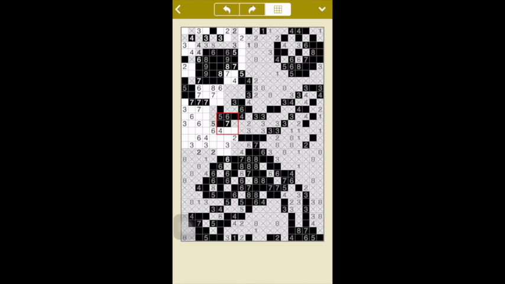So that means one of them is 1, 2, 3, 4, 5, 6. So this one has to be the 7th one, right? And since one of them is a black space and there's another one, that satisfies the number 2 here. So this becomes the gray, right?